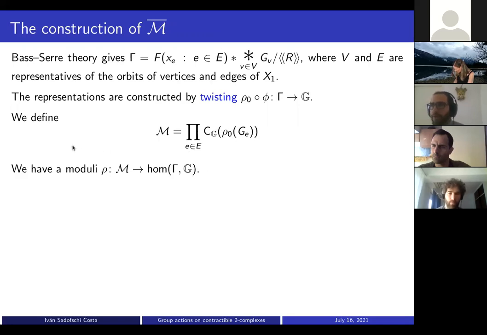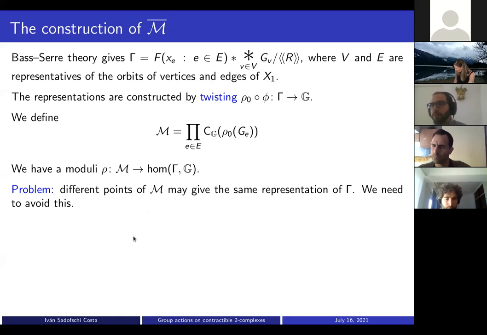So to each point here in M, we can associate a representation, which is obtained by conjugating the coordinates here of an element in gamma by different words involving the coordinates of M. So in this way, we obtain this moduli, and this has a problem, which is the following. Different points in M may yield the same representation, the exact same representation, and we do not want that to happen. So how can we solve this?